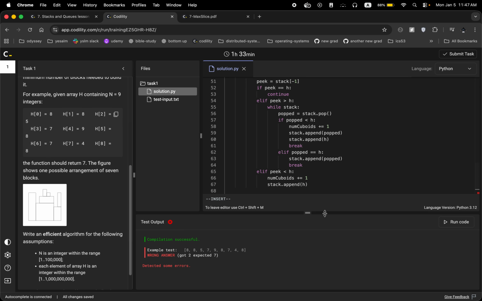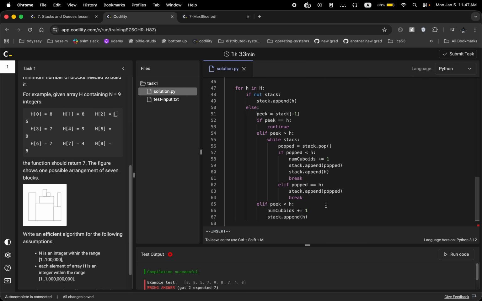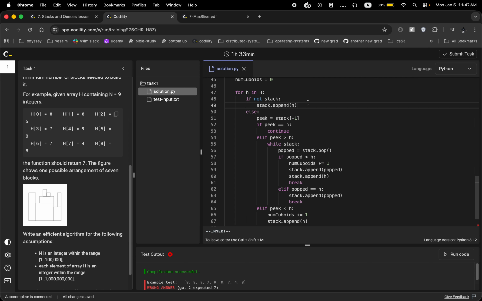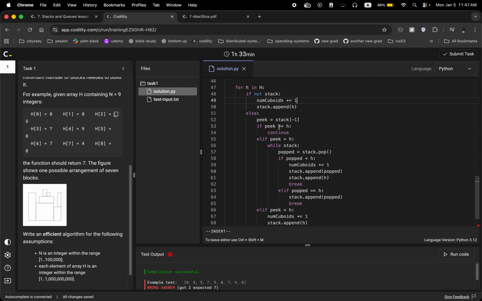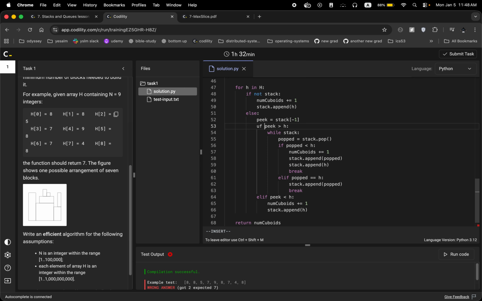Got 2. Okay, so something is seriously wrong. Whenever you append something, else we look at the peak, it's 8. Peak is h, so we don't need to do anything. We continue. I feel like we don't even need this, we can just do if.